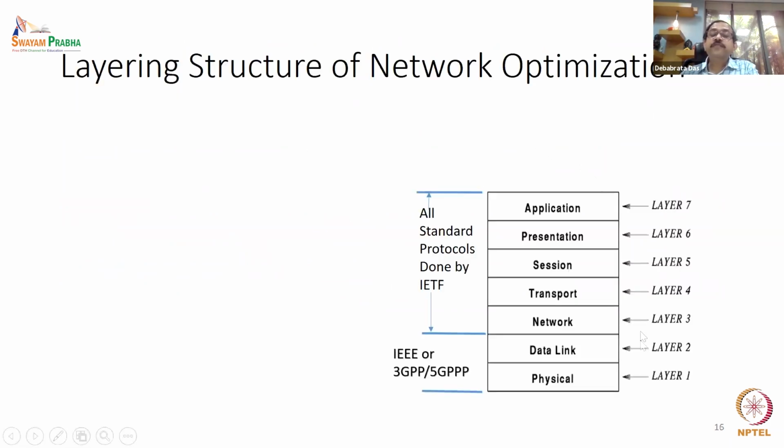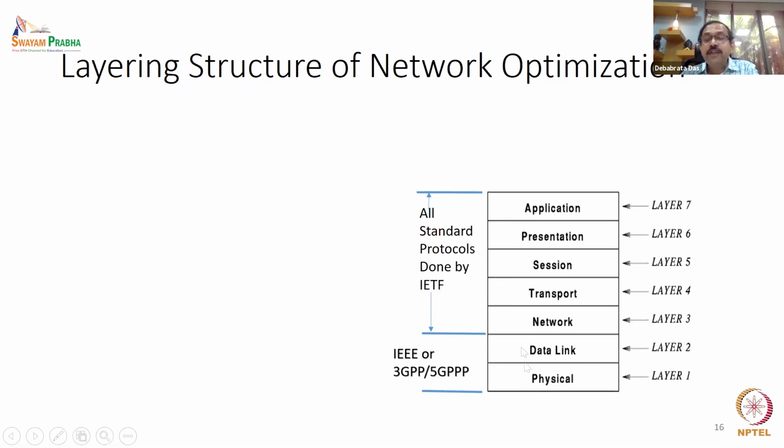This figure is very familiar to you. The 7-layer architecture: application layer, presentation layer, session layer, transport layer, network layer. These are all standard protocols done by a standard body called the IETF, the Internet Engineering Task Force, which is the largest body in the world that does the standards for this. All the protocols. And the bottom two layers, data link layer and physical layer, are done by 3GPP. That is where 5G is.